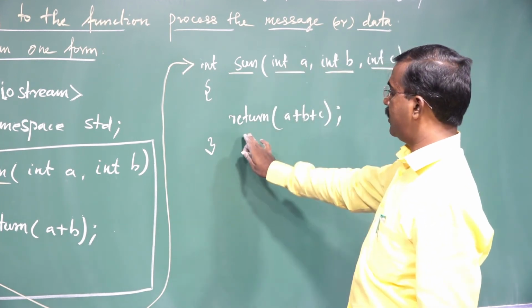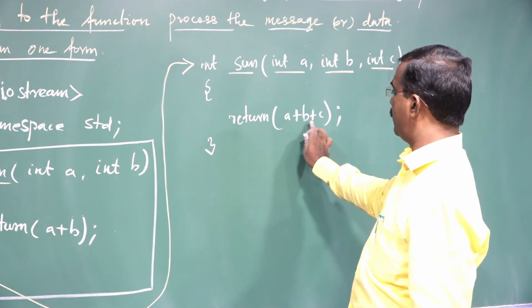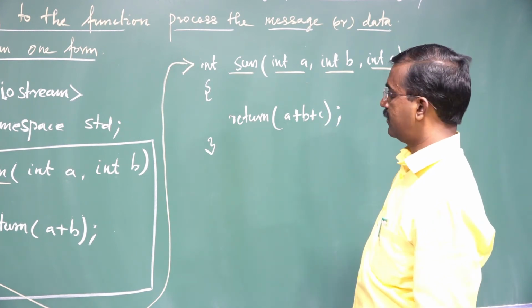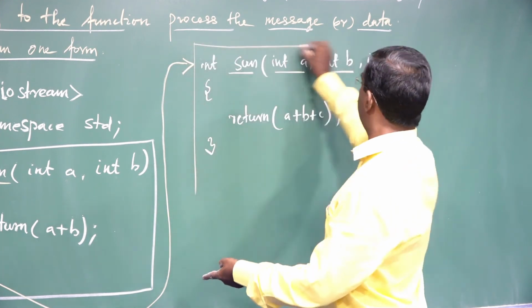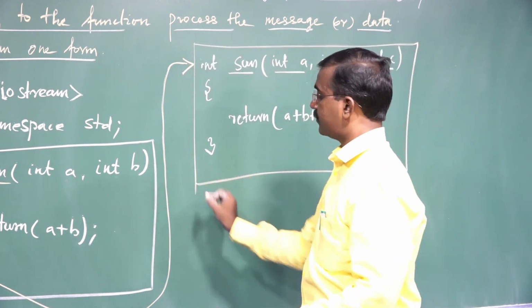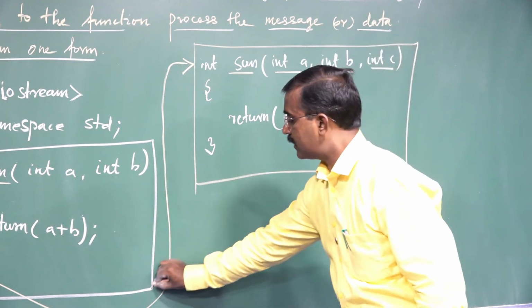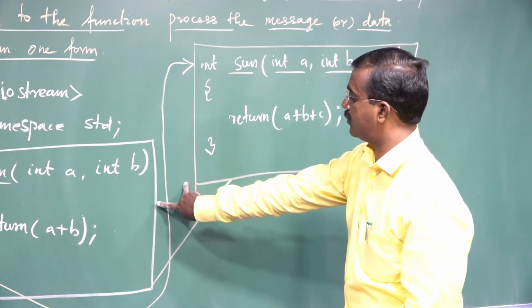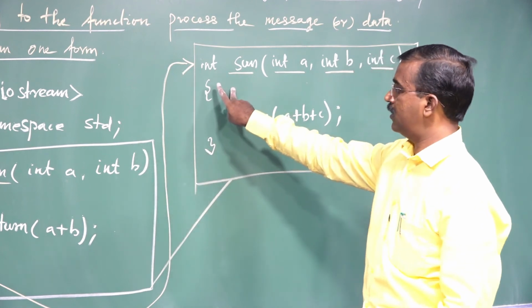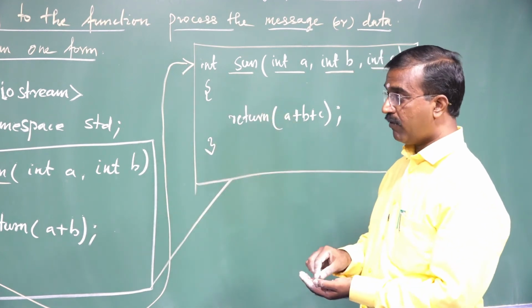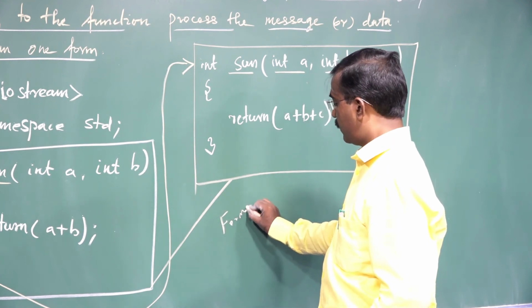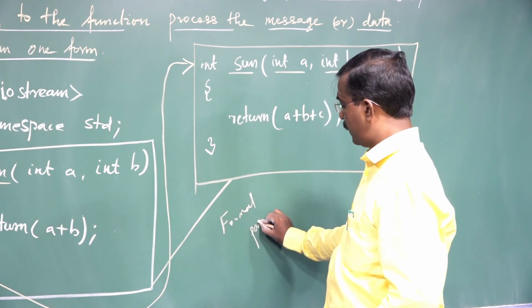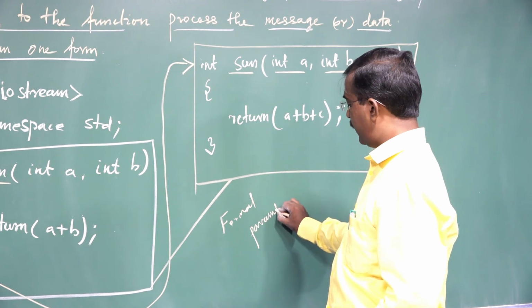This is the 2 argument version and this is the 3 argument version. These two methods are combined together after typing. Here, formal parameter.